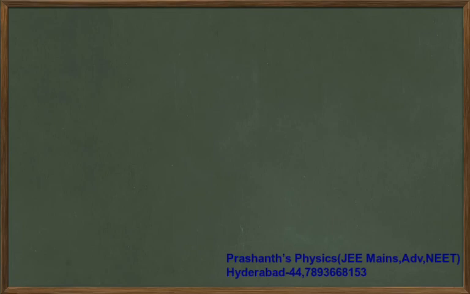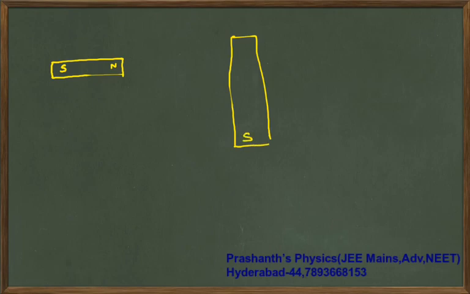So now your first question is, there is a south pole here, north pole here, there is a south pole here, north pole here. Basically there are two magnets. One is magnet A and the other is magnet B. Magnet A's magnetic moment is M, magnet B's magnetic moment is 2M.